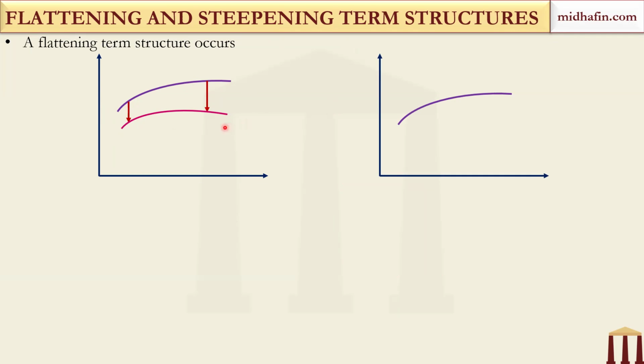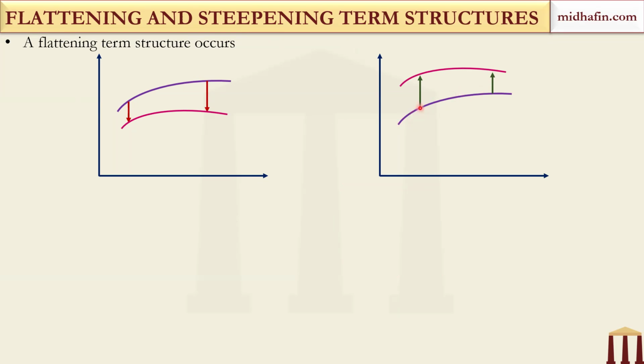Another scenario in which flattening can happen. One might say that whenever the term structure flattens, the interest rate environment declines, but that's not true actually. Even when the overall interest rate term structure shifts up, you can have a flattening, like this. Here, the original term structure was the purple line.